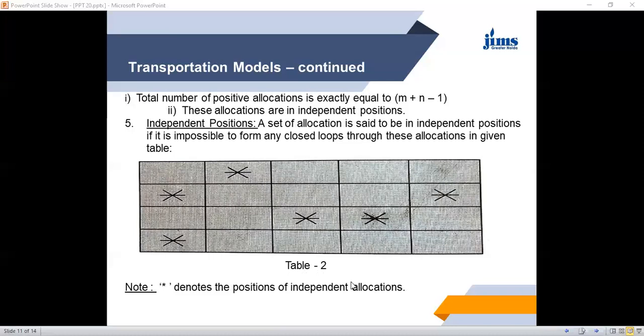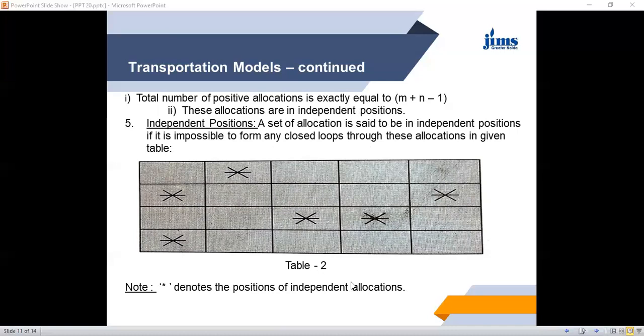But there is another condition also, that these allocations must be in independent positions. What is an independent position? As the definition given in the PPT, a set of allocations is said to be in independent positions if it is impossible to form any closed loops through these allocations in the given table.